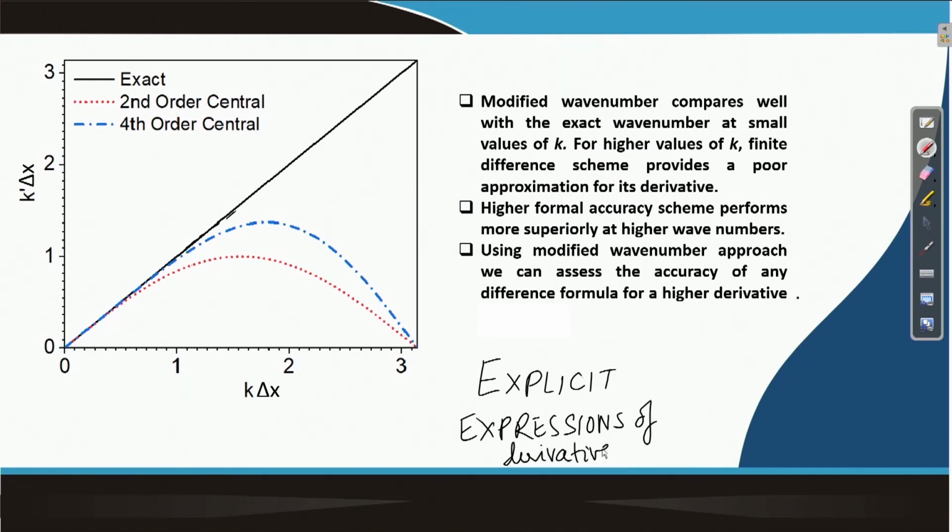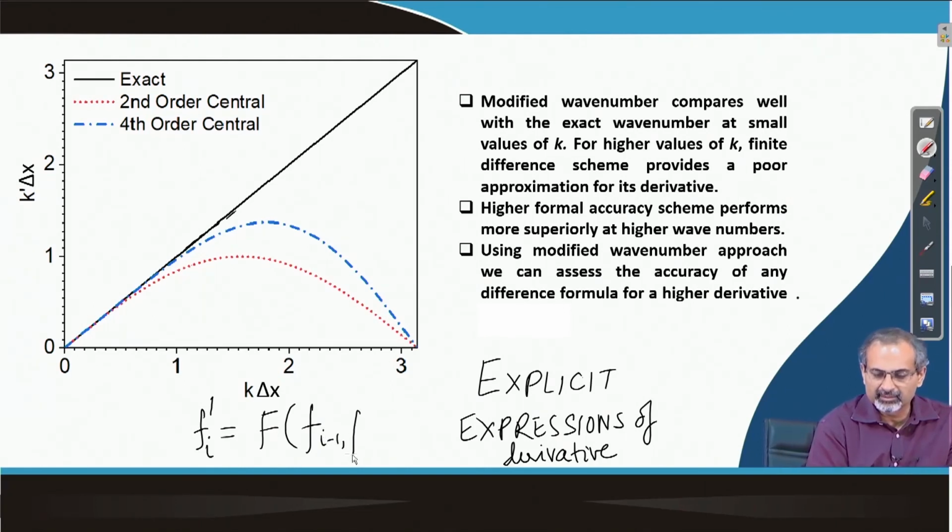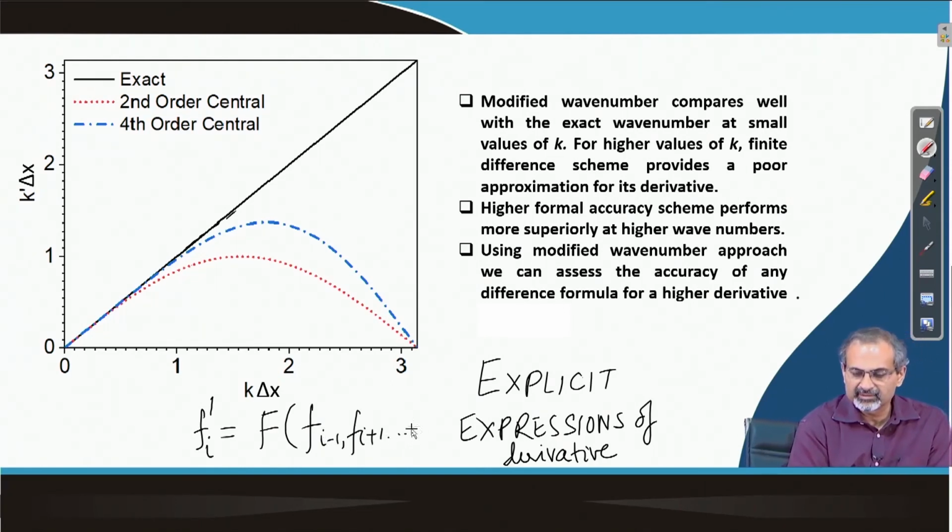Explicit expressions of the derivative, which means that the finite difference approximation gives you a formula for calculating f dash at a grid point I in terms of functional values in the neighborhood. So, which may involve I minus 1, I plus 1 and other points.